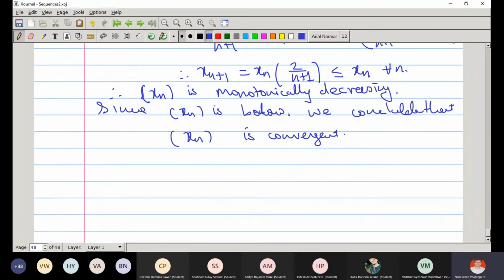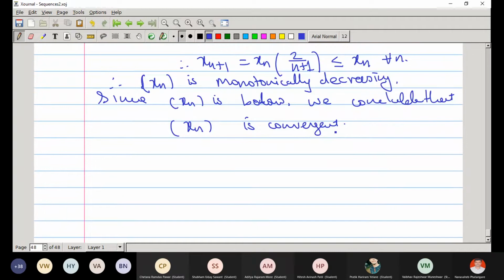Right. So the sequence converges, but what is the limit? What is the limit of the sequence? So the second question was what is the limit?